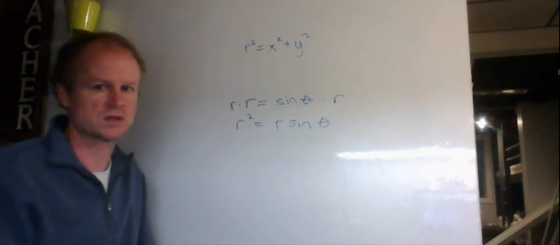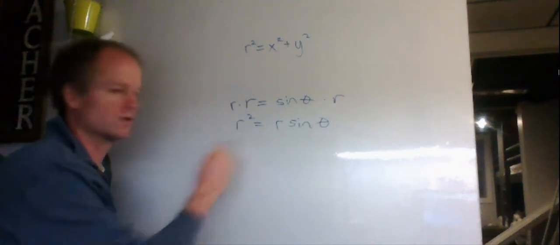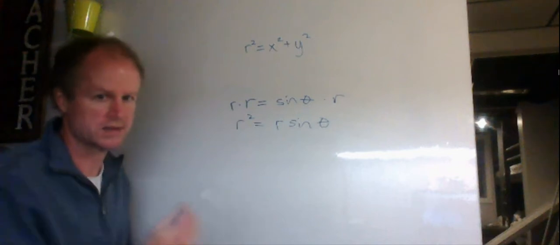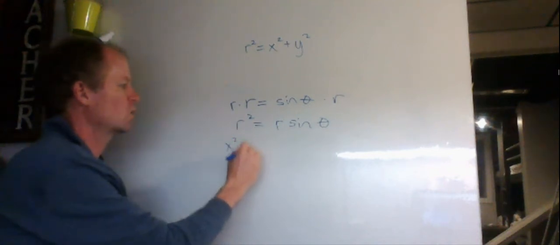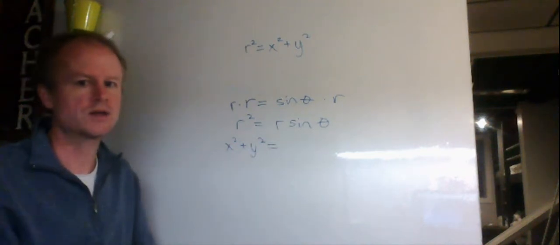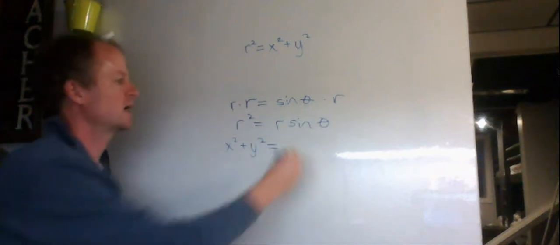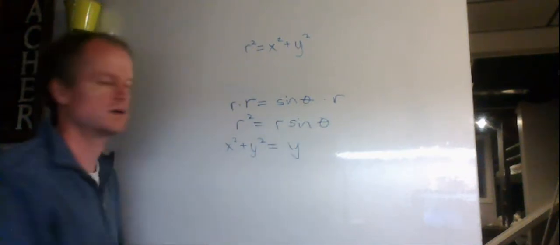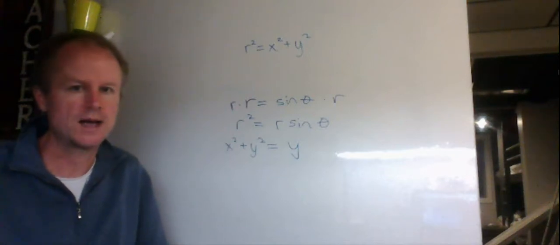That was what we had on that picture earlier. So to convert this into rectangular coordinates, x's and y's, I'm going to change r squared to x squared plus y squared. And we just confirmed a minute ago that r sine of theta is the same as y. So now I have an equation that involves just x's and y's.